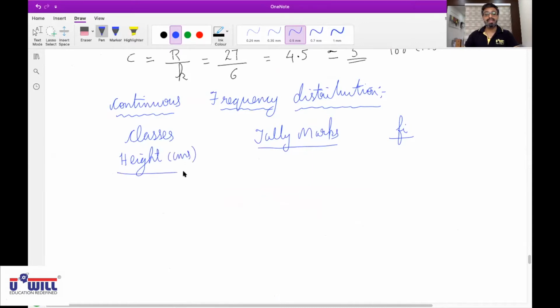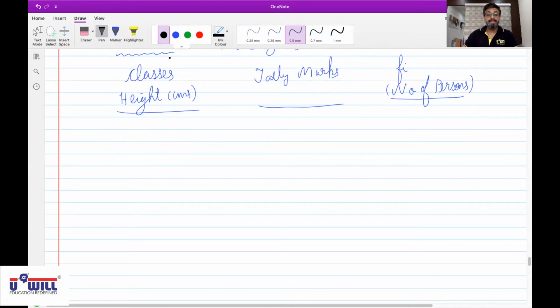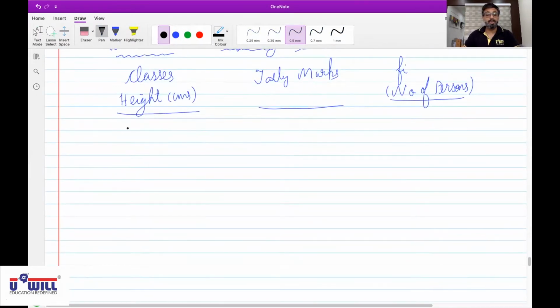And what does the frequency indicate here? That also you mention. Number of persons. Okay. So all of you write down the height as we discussed, starting from 140 to 145 till 165 to 170.